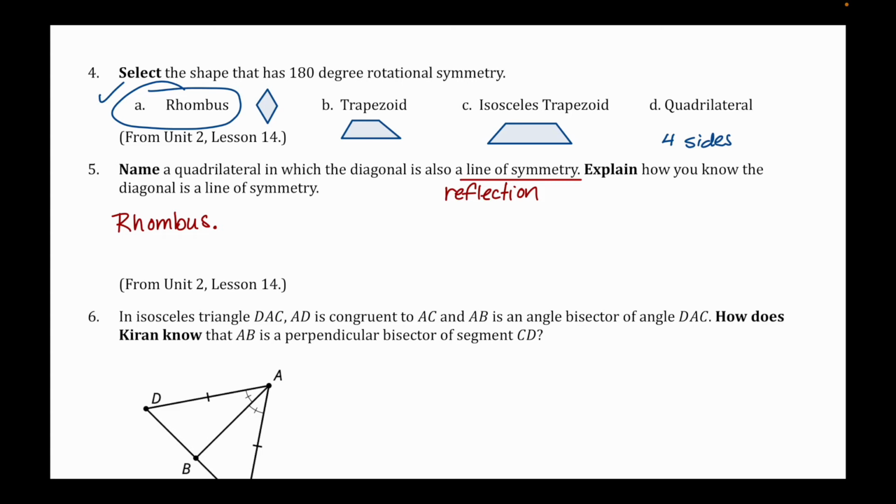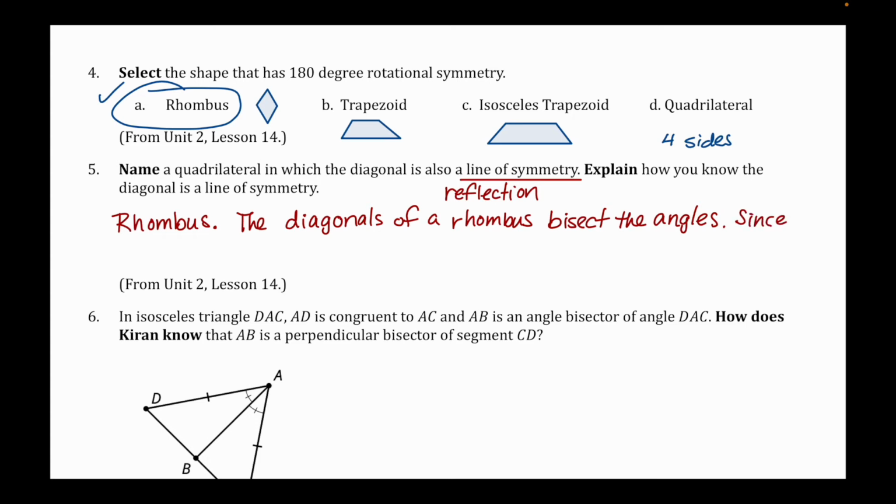So we can say the diagonals of a rhombus bisect the angles since all four sides are congruent.